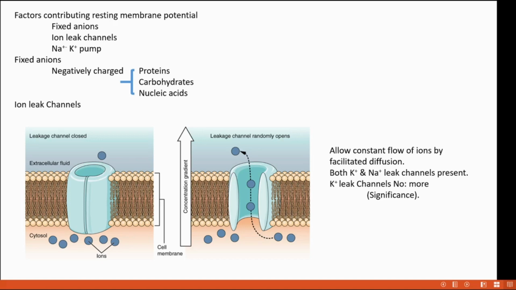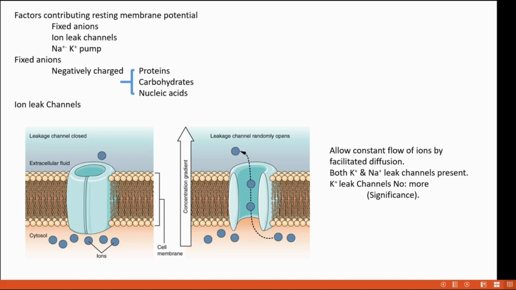More positive charge is moving out and less positive charge is coming in, again supporting the maintenance of negative charge inside the cell. In this way, the resting membrane potential is maintained with the help of fixed anions, ion leak channels and the sodium potassium pump.